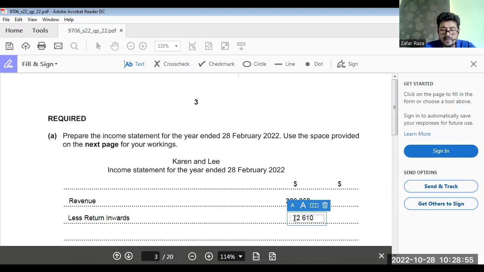Always put a bracket where you have to deduct something, because that negative sign, that bracket will remind you that you have to deduct. God forbid if you have added, that would create a problem for you. Getting my point clear?